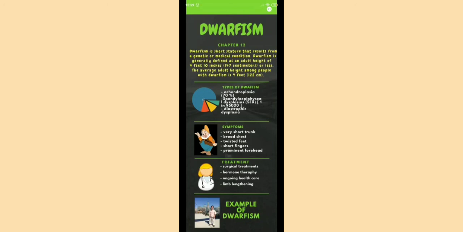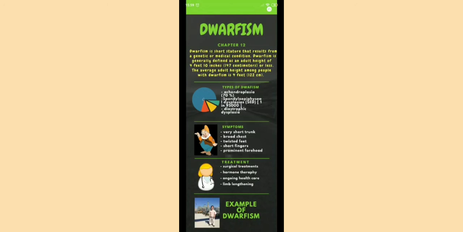There are so many types of dwarfism. These are the dwarfisms that I can list. First is achondroplasia, which makes up 70% of dwarfism cases.